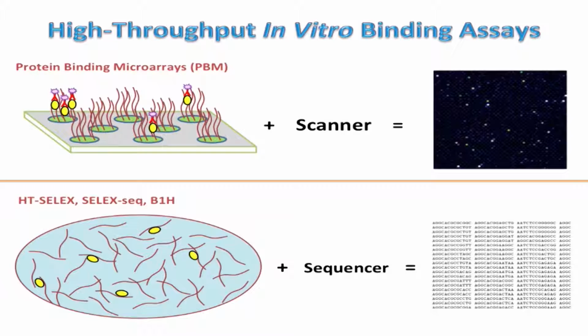And in the low free protein concentration regime, the level of occupancy at the spot is proportional to the affinity that the proteins have for the probe sequence at that spot.